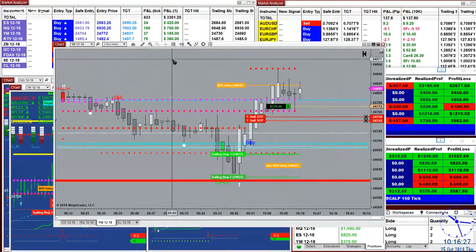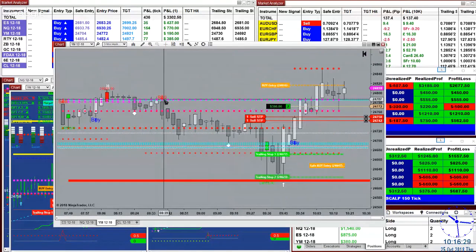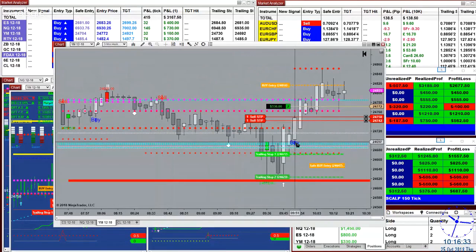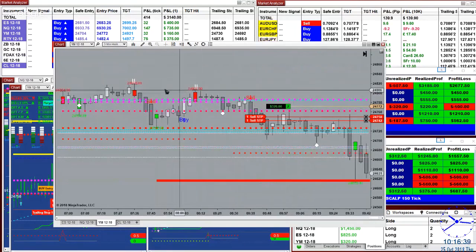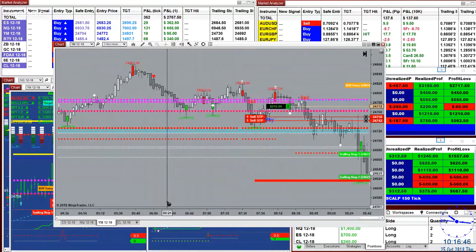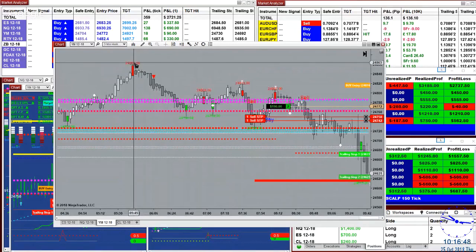This is your YM, and here was your sell signal. Perfect buy. And you see your symmetry here. Look at it. Those are reversals as well. Look at this one. Beautiful.